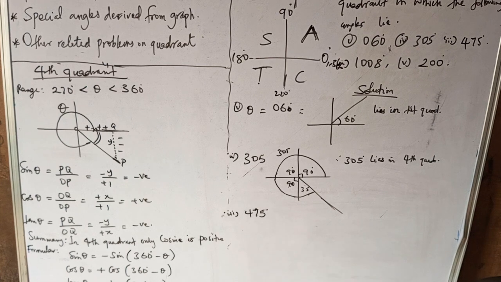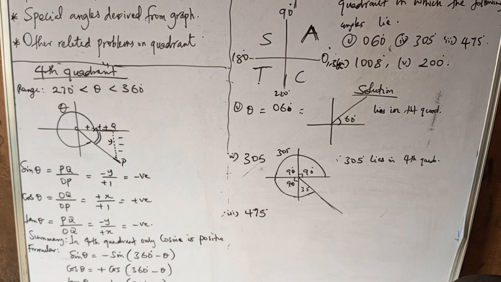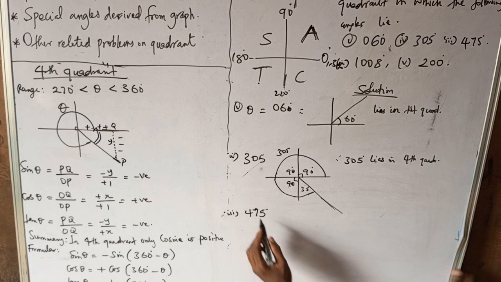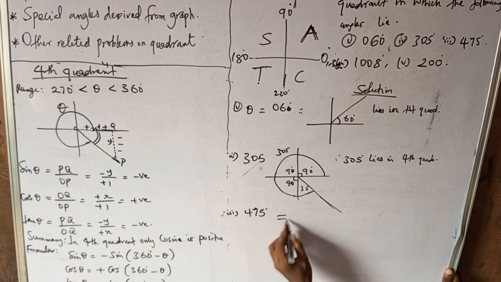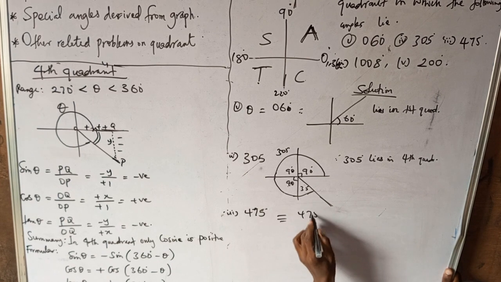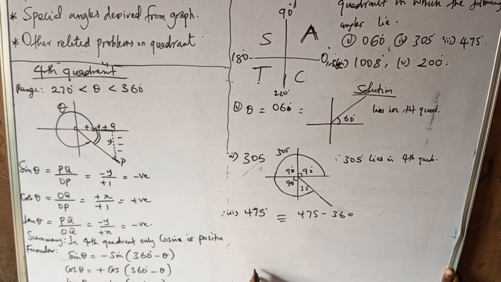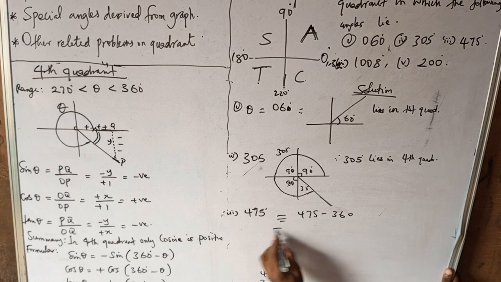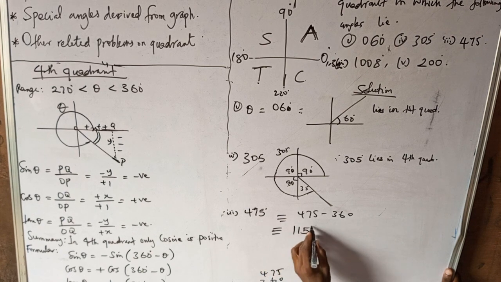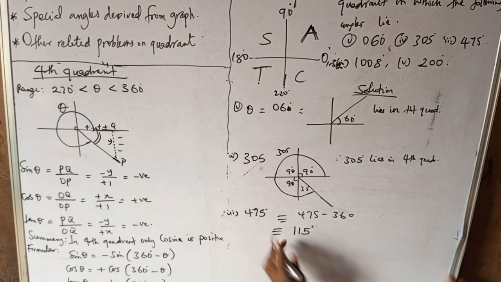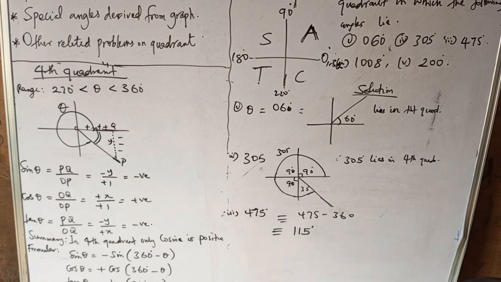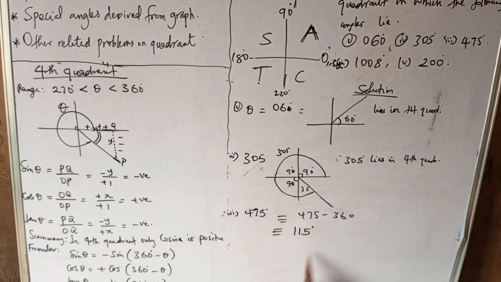Anytime you have an angle greater than 360 degrees, in order to get the equivalent angle, you subtract 360 from it. So 475 is equivalent to 475 minus 360 degrees, which is 115 degrees. If you use any calculator, you can confirm this.